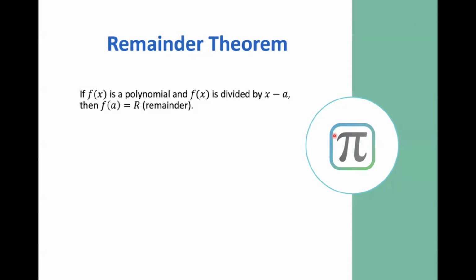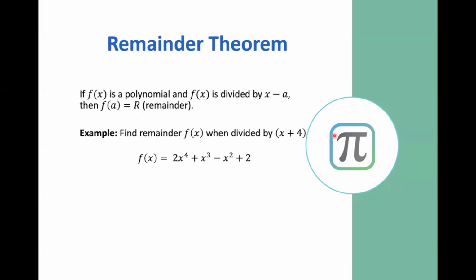Okay, so finally the remainder theorem. The remainder theorem states that if f of x is a polynomial and f of x is divided by x minus a, then f of a equals the remainder. So we have already seen this in a different format previously in the tutorial. But taking an example, find the remainder for f of x when it's divided by x plus 4.